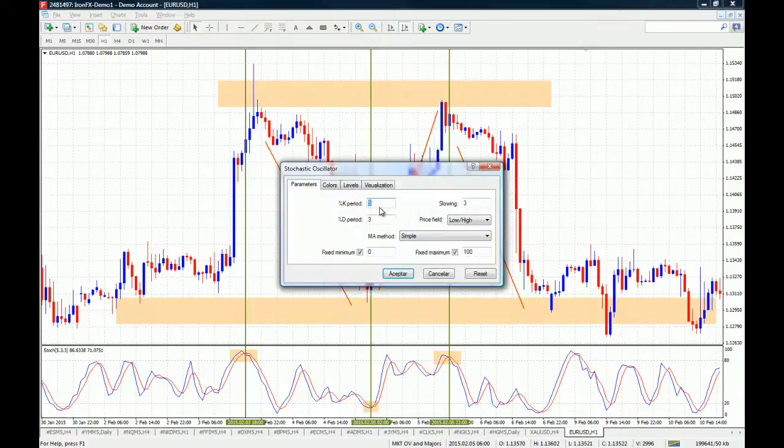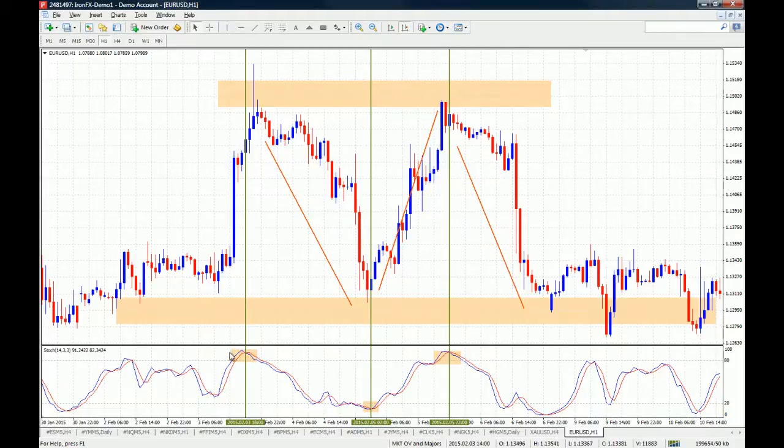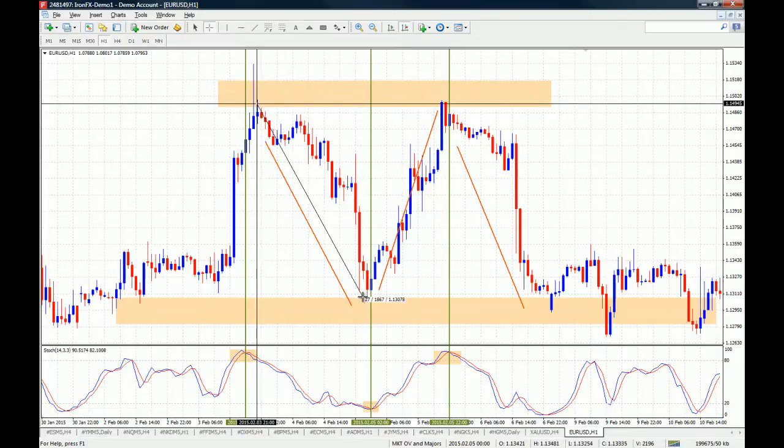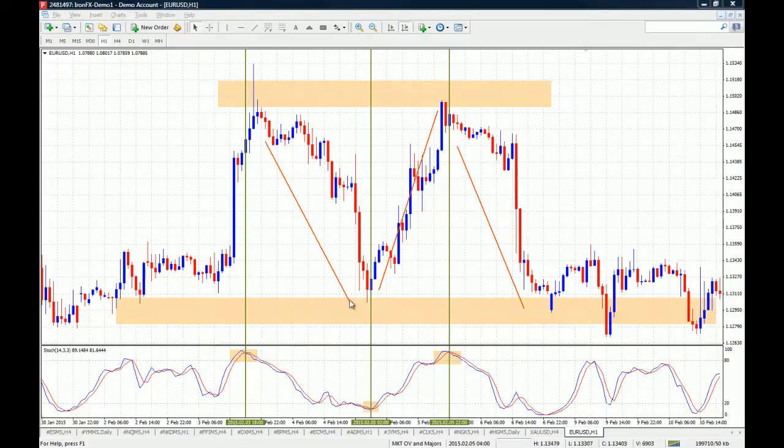But if you change it to a 14 period like we did before, you will see that you will only get the true setups at overbought and oversold, which would have made in this case 180 pips to the downside, to the upside, and to the downside again, which means that by only using support and resistance levels with the oscillator, you would have made 540 pips in 3 trades.